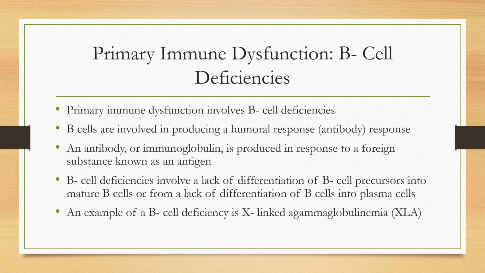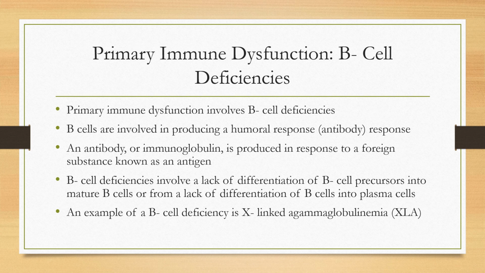So, the primary immune dysfunction, and then we are going to talk about B cell deficiencies. So, primary immune dysfunction will involve a B cell deficiency. And B cells are involved in producing a humoral response, an antibody response.